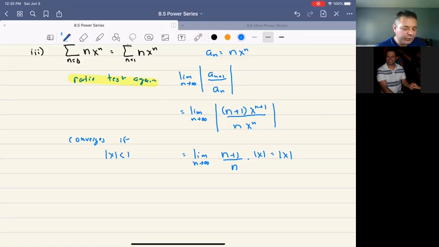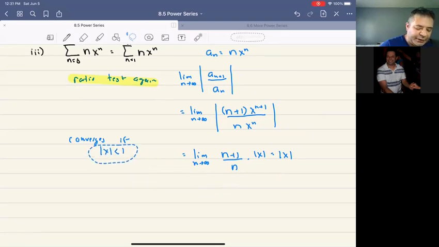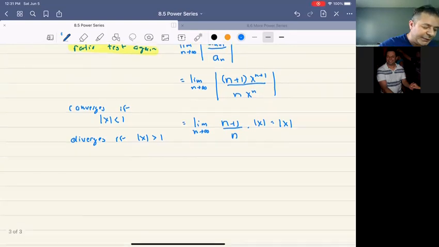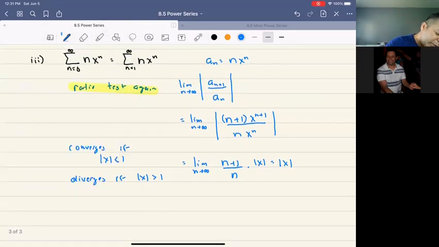And it diverges if the absolute value of x is bigger than 1. Okay? If x is equal to plus or minus 1, we can actually check that. So if x equals 1, then we get the sum, n goes from 0 to infinity, of n.